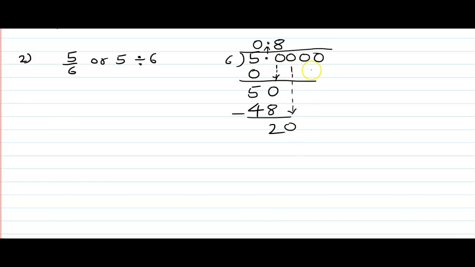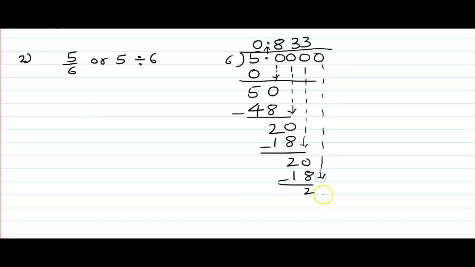How many 6s are going in 18? 6 times 3 is 18. 20 take away 18 is 2. Then another 0 is coming down, 20. So 6 times 3 is 18. Then 20 take away 18 is 2. Then another 0 is coming down, and 6 times 3 is 18. So 2.